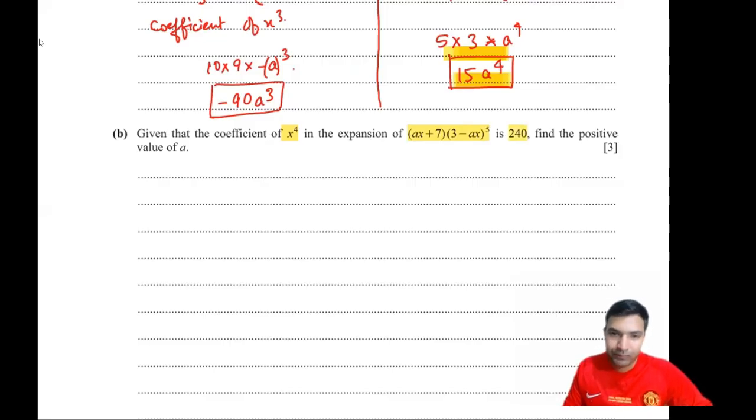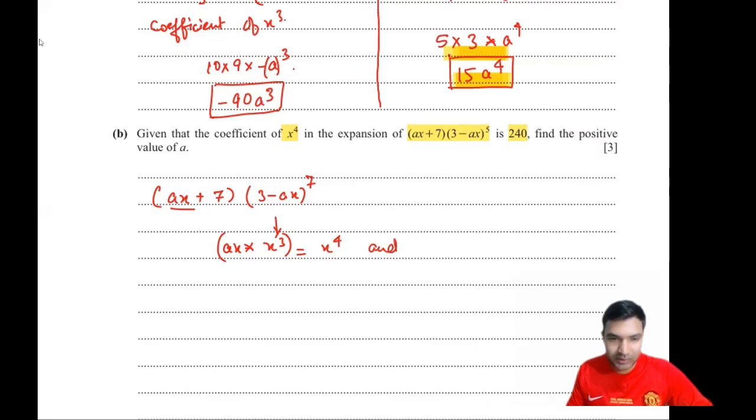So now we have to think when we will get x to the power 4. This concept I have already explained in the previous paper, so let me explain it once more. The concept goes like this: ax plus 7, when you multiply this with the expansion of 3 minus ax to the power 7. So ax times the cubic term in this will eventually give you a term in x to the power 4.